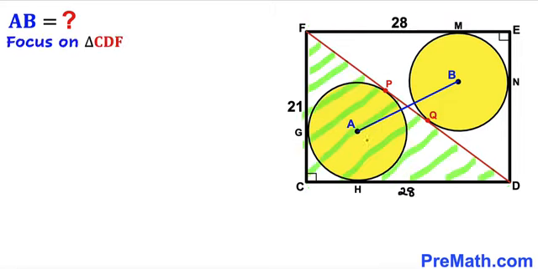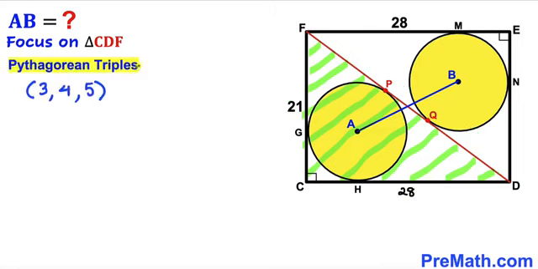And here's our next step. Let's focus on this right triangle CDF, whose side lengths are 21 and 28. And now we are going to calculate its longest side DF. Let's recall the Pythagorean triplet 3, 4 and 5.